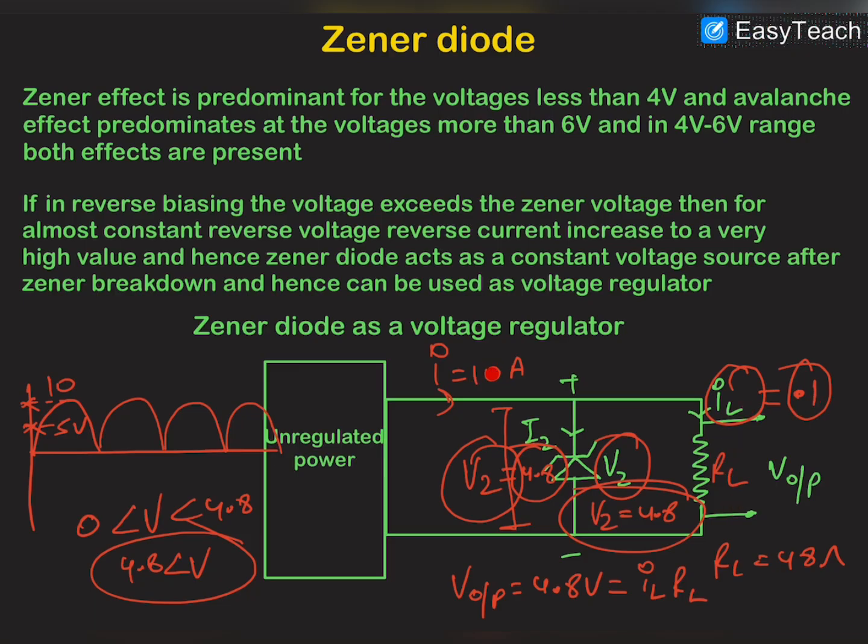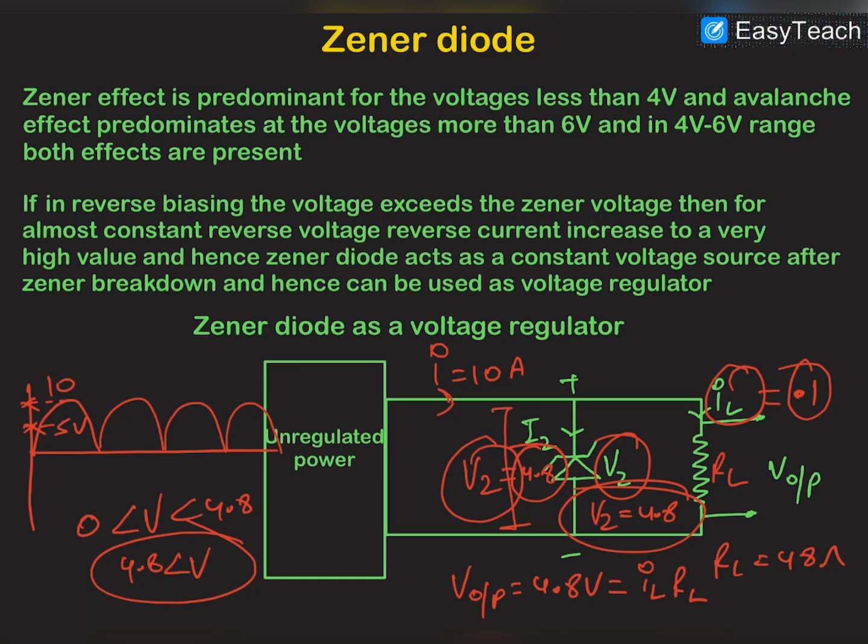Any extra current, which is 9.9 in this case, 10 minus 0.1, will be bypassed through this Zener diode, because it will allow any value of current at this voltage to flow. So for any value of voltage above this level, the Zener diode will maintain a constant voltage across this output, and any extra current flowing through the circuit will be bypassed by the Zener diode. In this way you can use the Zener diode as a voltage regulator.